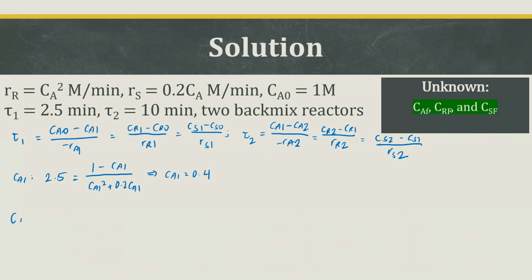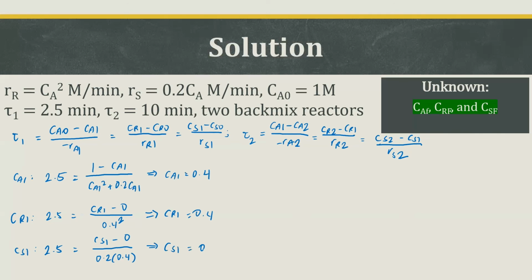And then for CR1, we have 2.5 equal to CR1 minus 0 all over Ca1 squared, so that's 0.4 squared. And this should give you CR1 equal to 0.4. Lastly, CS1: 2.5 equals CS1 minus CS0, so that's 0, all over 0.2 times Ca1. So that's 0.2 times 0.4. And this should give you CS1 equal to 0.2.